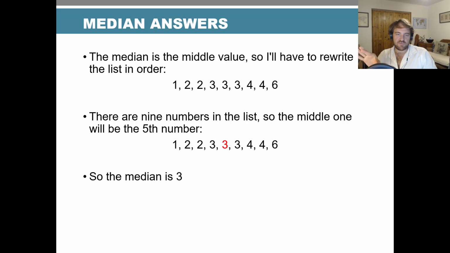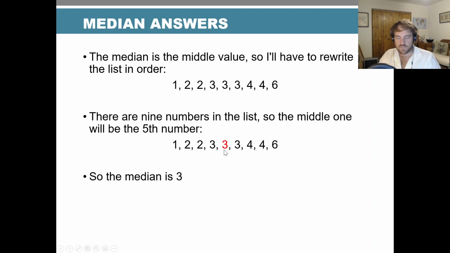There's 9 numbers here, so that means I'm going to be looking for the fifth number. 9 divided by 2 is 4.5, and if I go up to the next whole number, that's 5. So I'm going to be looking for the fifth number. Right, so 1, 2, 3, 4, 5. And we could do it from either side, right? 1, 2, 3, 4, 5. So I landed on 3. My median is 3.